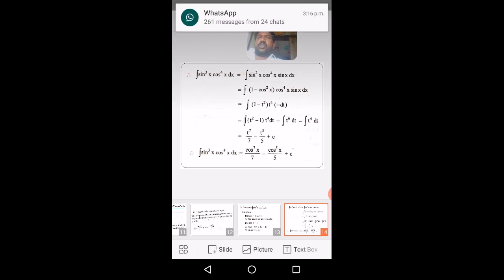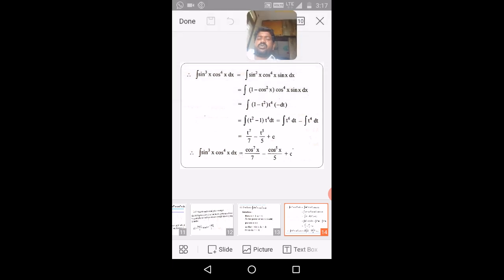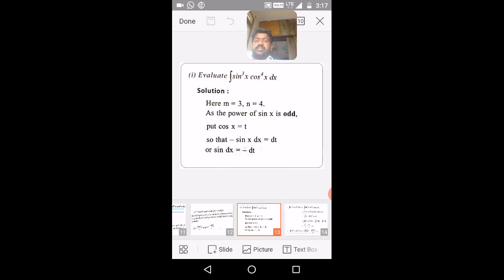Now sin square x should be converted into cos square x terms using the identity sin square a plus cos square a equal to 1. Then sin square a equals 1 minus cos square a, so it is 1 minus cos square x for sin square x. So it is 1 minus cos square x into cos power 4x into sin x dx. Now substitute all the required things derived in the last slide. That is, cos x is t and sin x dx is minus dt.